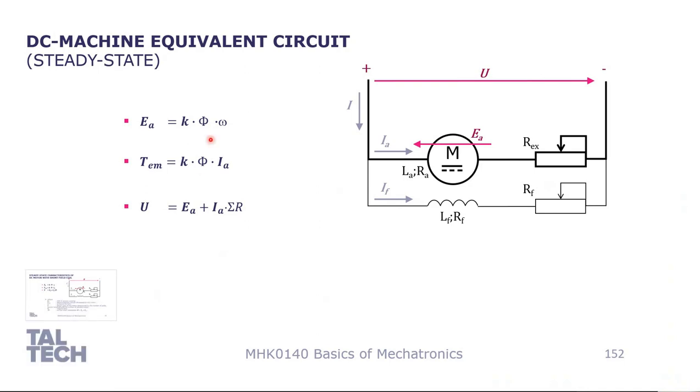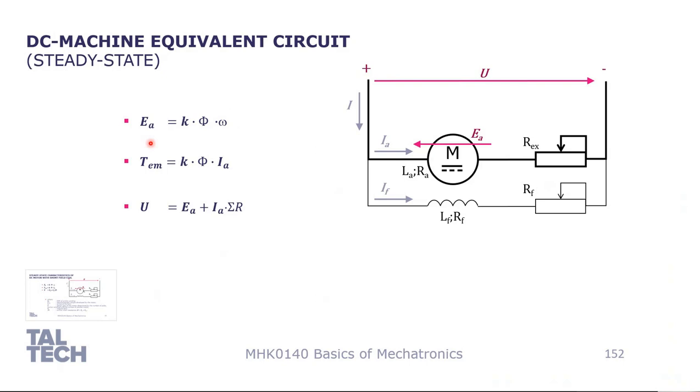So we have here the electromotive force of the armature winding. This is the electromotive force that is produced inside the armature when the machine is rotating with angular velocity omega. So we know that the armature electromotive force depends on the angular velocity.